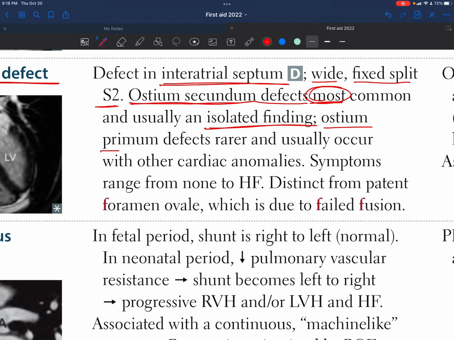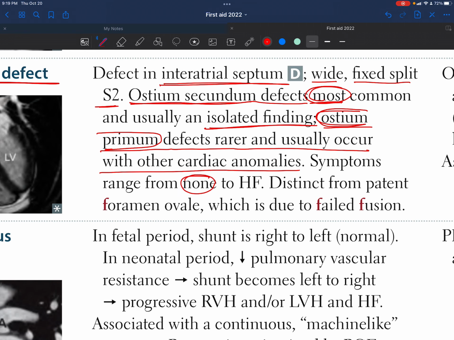So it says that the ostium primum defects are rarer and usually occur with other cardiac anomalies. So if the problem was the ostium primum, not the ostium secundum, it's just a more rare finding, and it happens with some other cardiac anomalies.